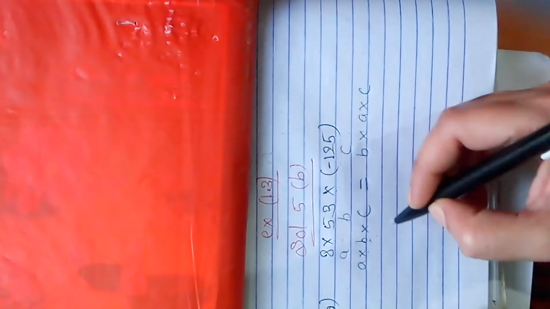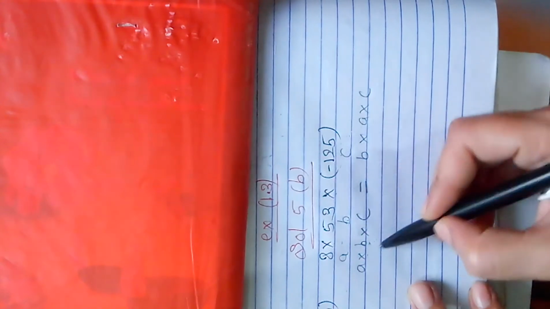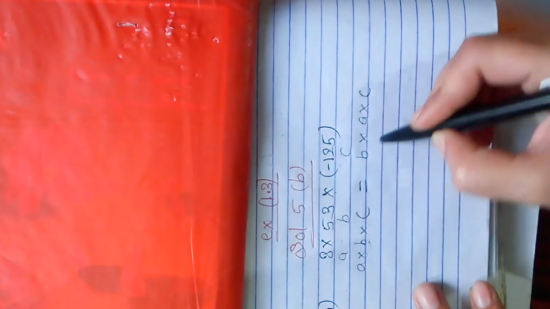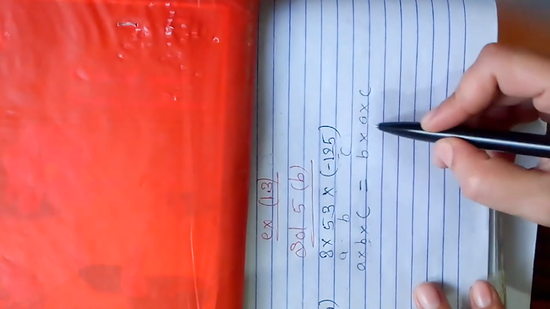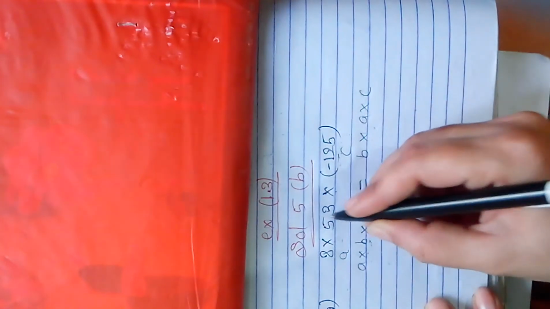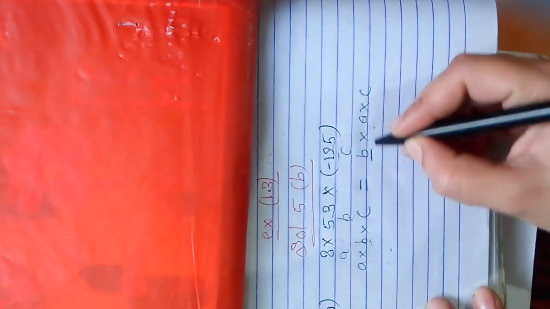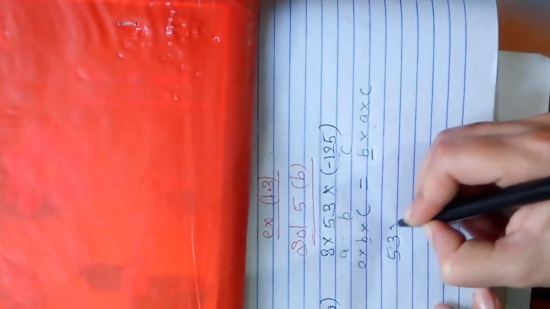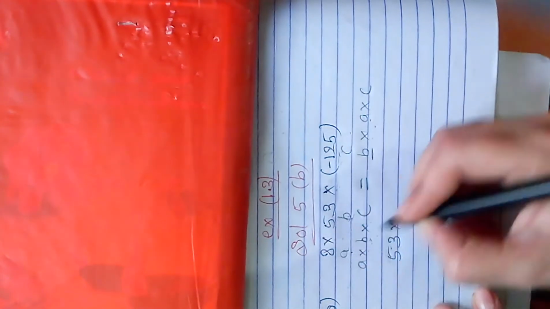I will take here, this is A cross B cross C. Now I will make this term in this form. B first, B is equal to 53, because here B is first. So 53 cross A, which is equal to 8.